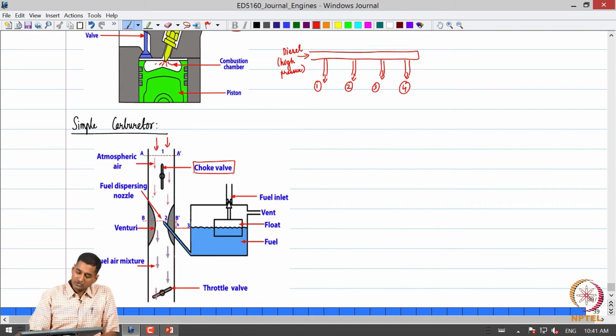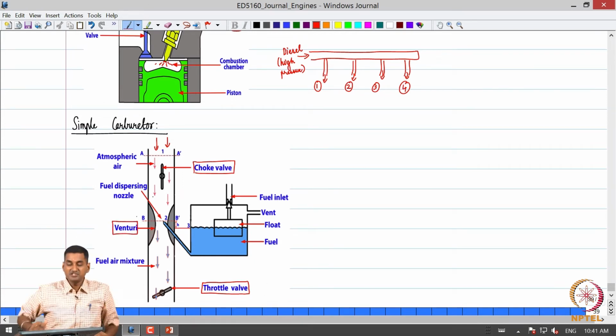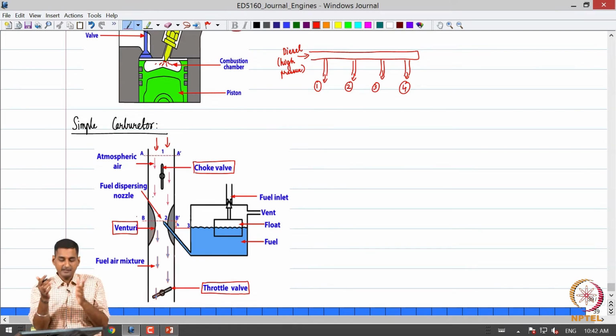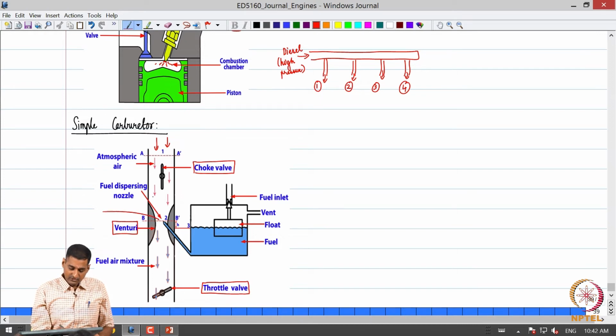The throttle valve is downstream in the carburetor, and we can see that we have a venturi. The venturi is a reduction in the cross section of the carburetor, and we have what is called the throat of the venturi, the place where the cross sectional area is the least.